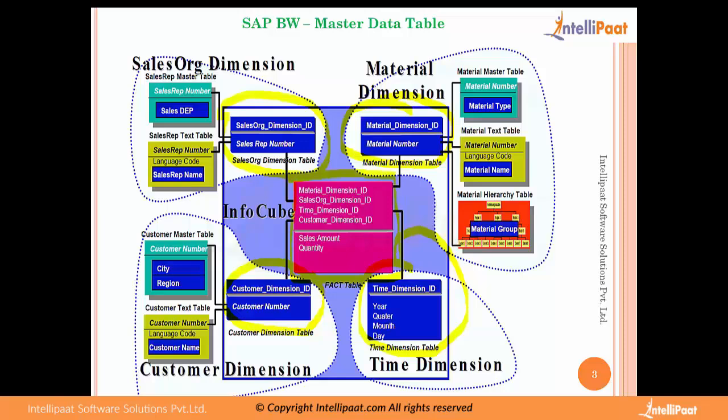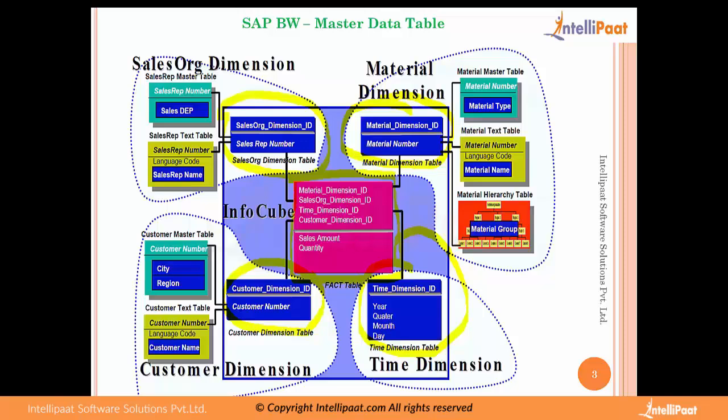This is my fact table. So the center is the fact table, and dimension tables surround it, like sales organization, material, customer, and time dimensions, where I can see some extension has happened to these dimension tables.